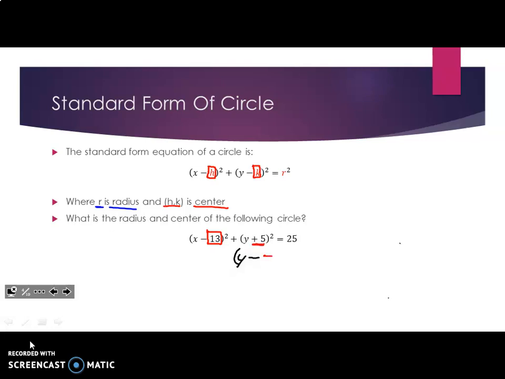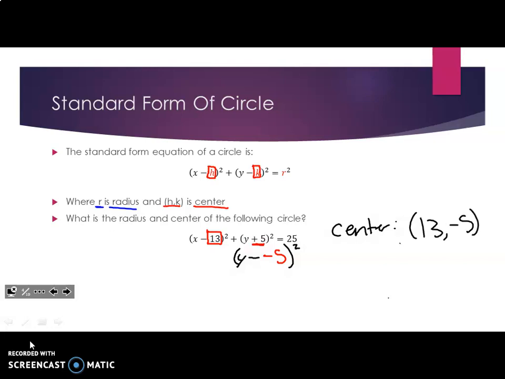Well, that's because our k value was negative 5. This is really y minus minus 5. What do those two negatives do? They go together to make a plus sign, which is how we end up with y plus 5. So the center for this circle is 13, negative 5.